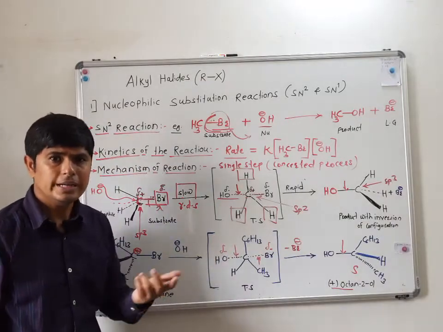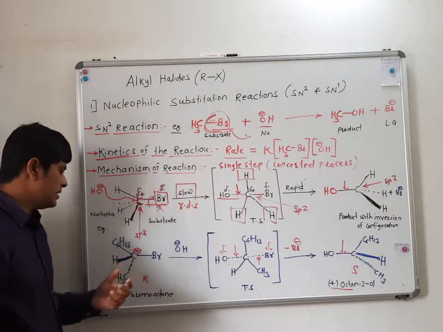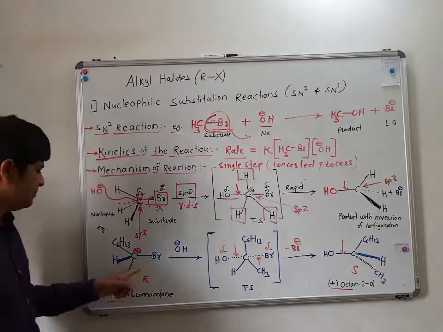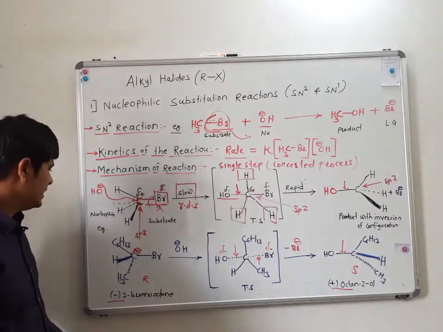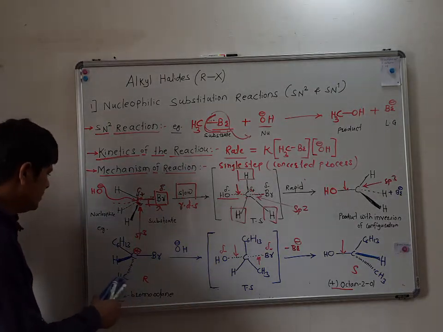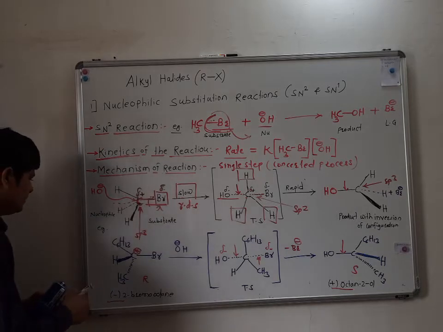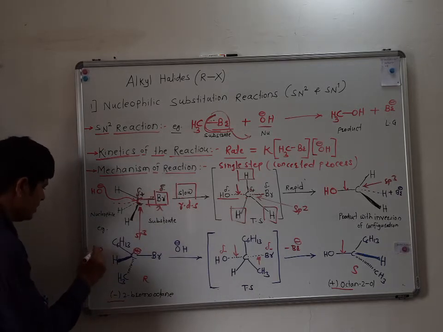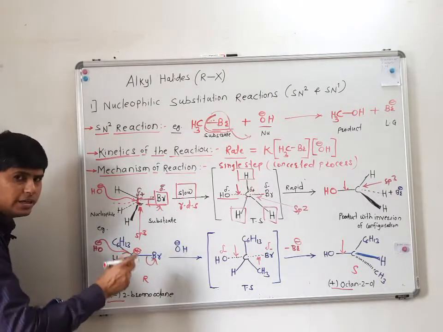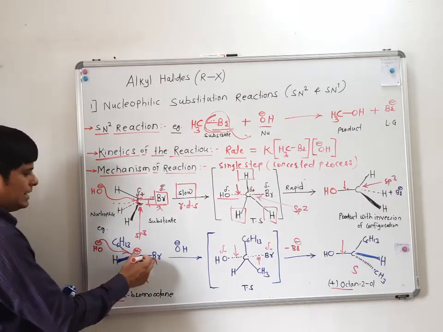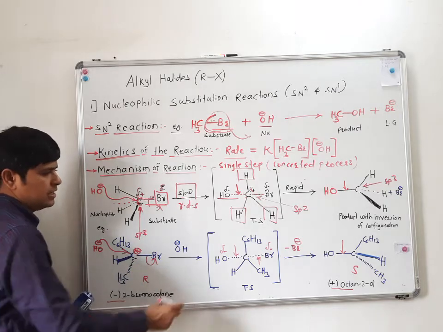So how is it formed? The mechanism is again similar. Hydroxide ion is approaching from the backside. There is attack of hydroxide ion, a nucleophile, from the backside, and at the same time there is departure of Br minus.